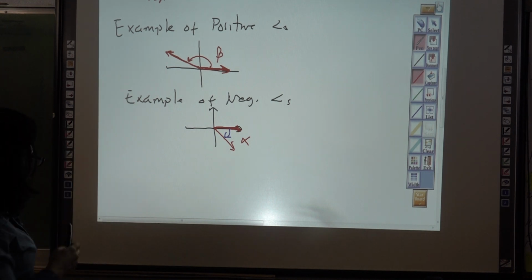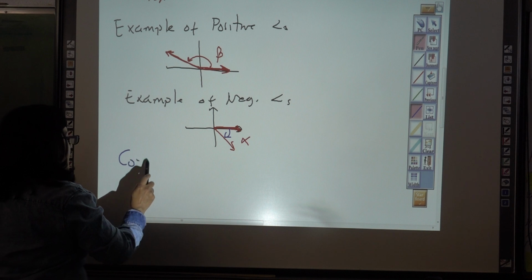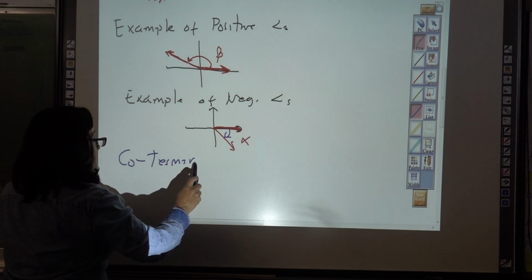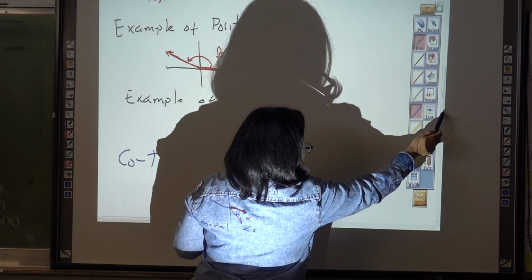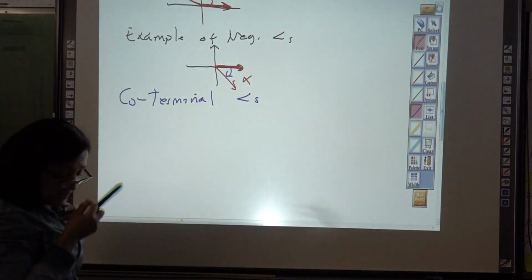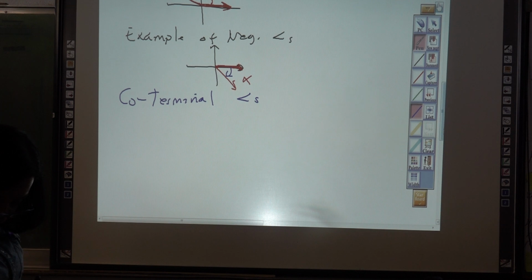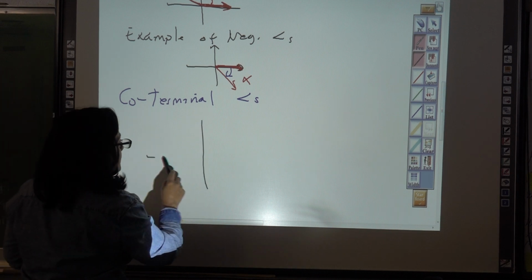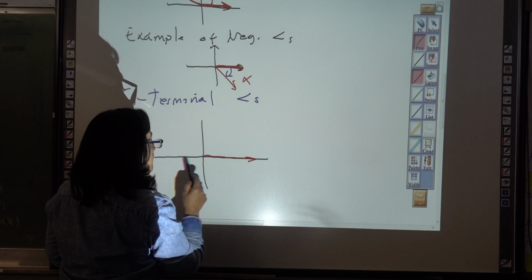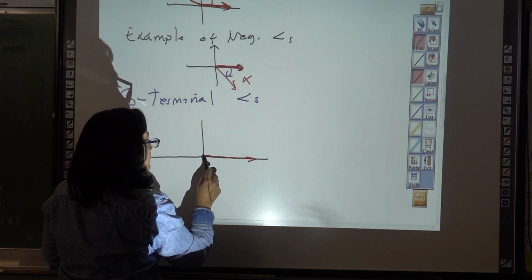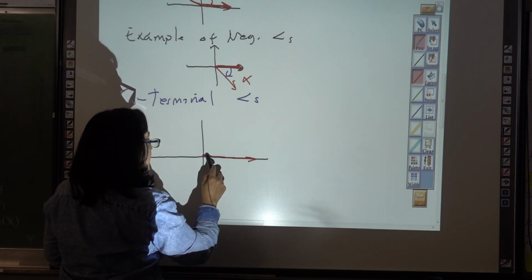So coterminal angles is another definition we have to learn. They are two angles that have the same initial side and the same terminal side. So say, for example, we have one angle that starts right there and ends here.